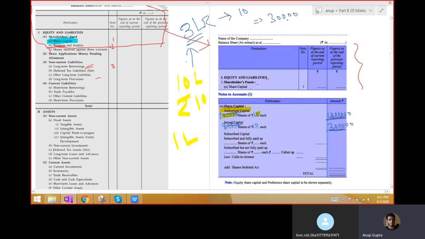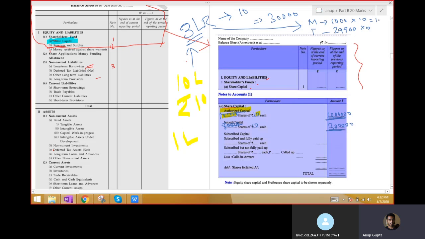Out of 3 lakh, if you remember the previous example, there was one shareholder named Mayank and another shareholder named, let's say, Tanish. Mayank was holding 1,000 shares and Tanish was holding 29,000 shares.